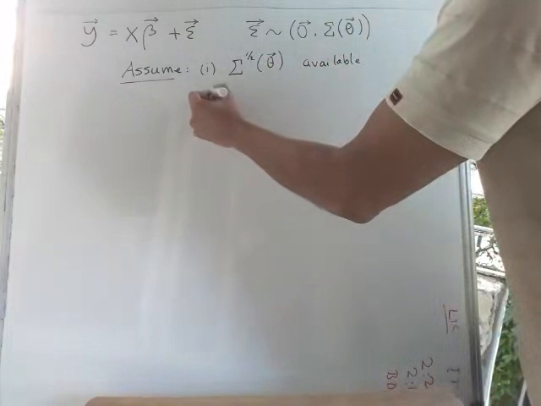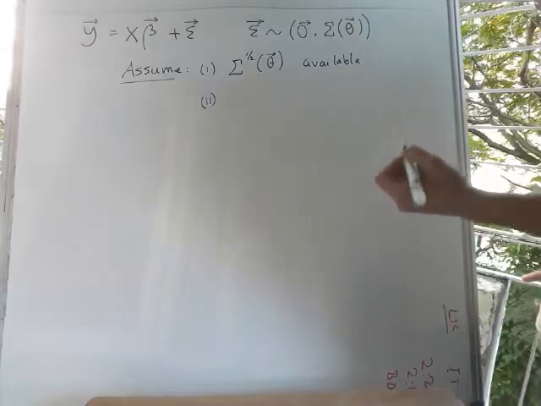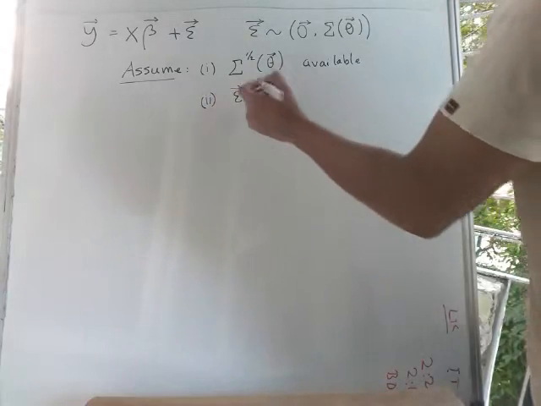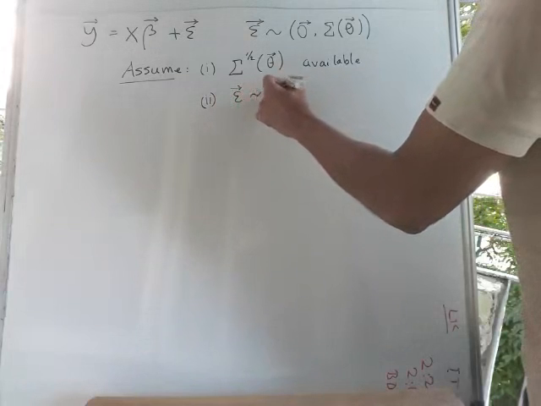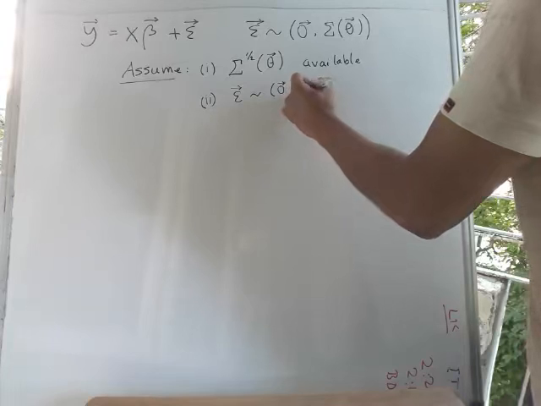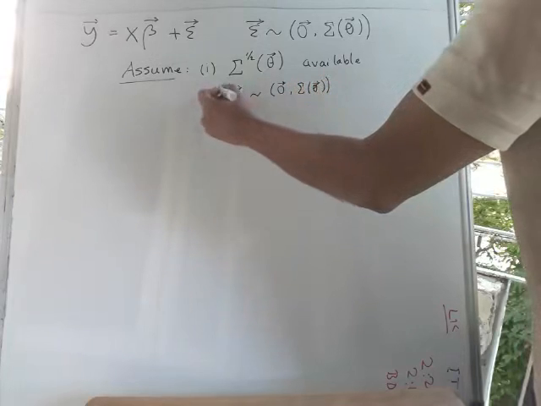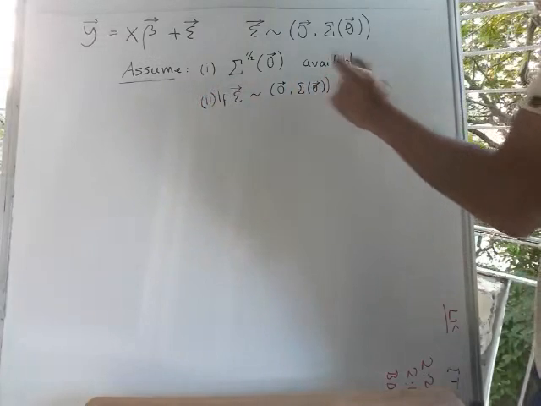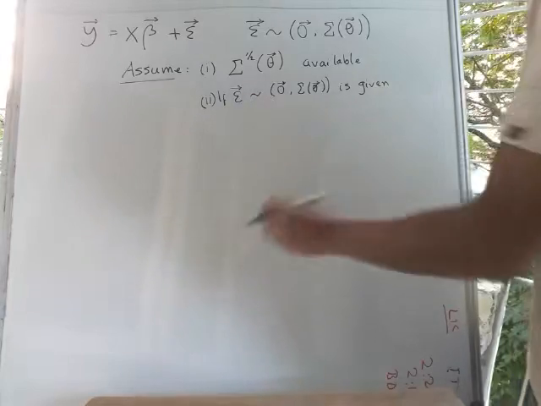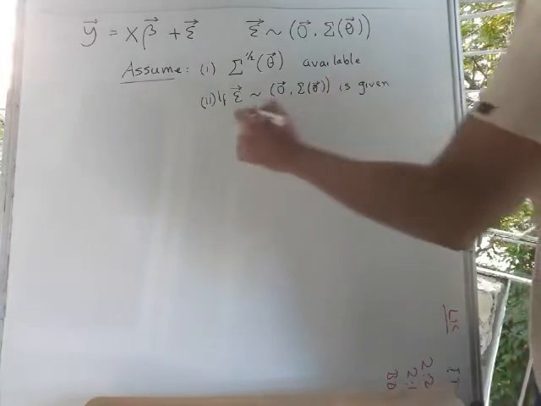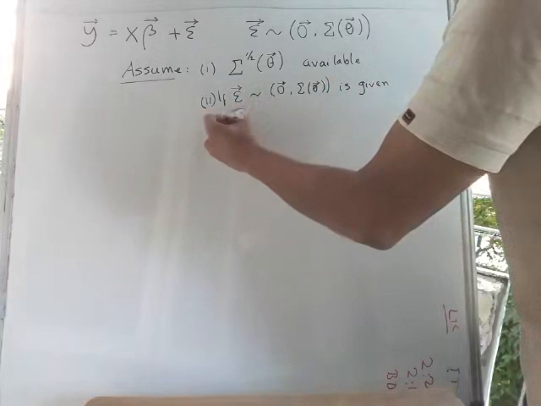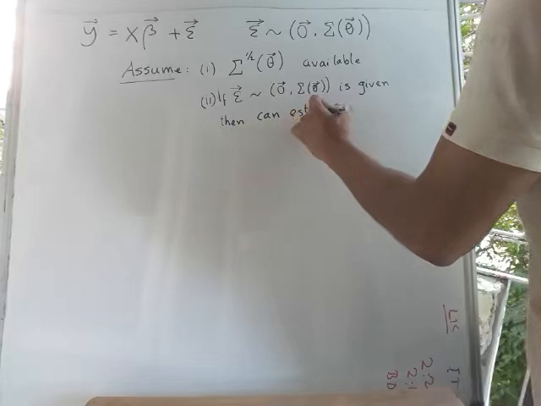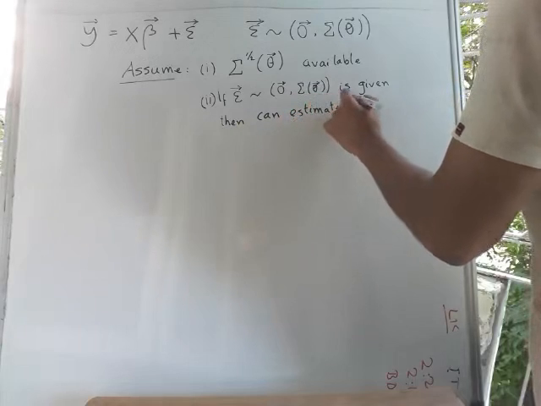And the second thing is, if I give you some data, if I give you the epsilon vector, of course in practice it is not given, you are not observing epsilon, but if I give you this vector, then you can estimate theta.